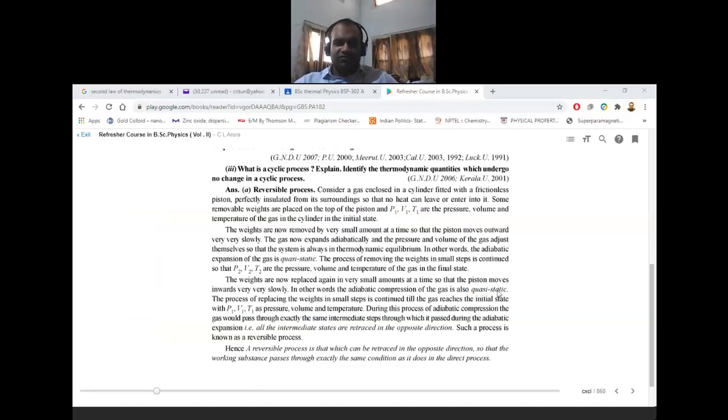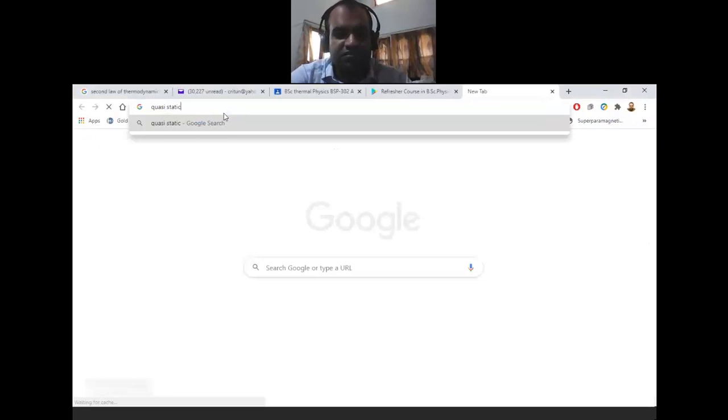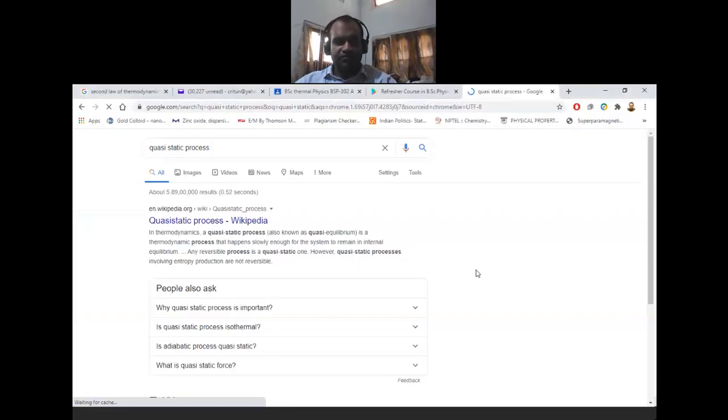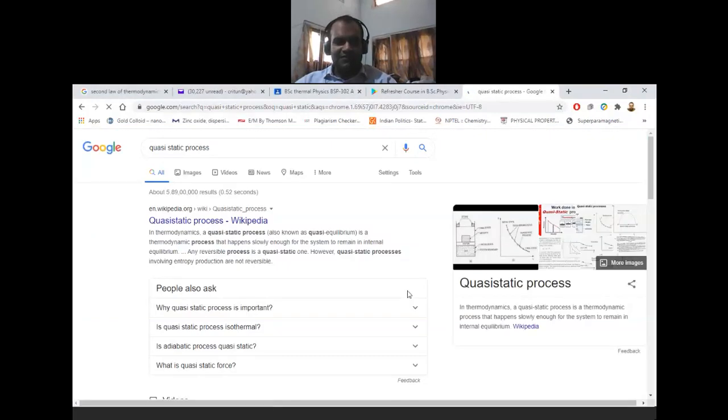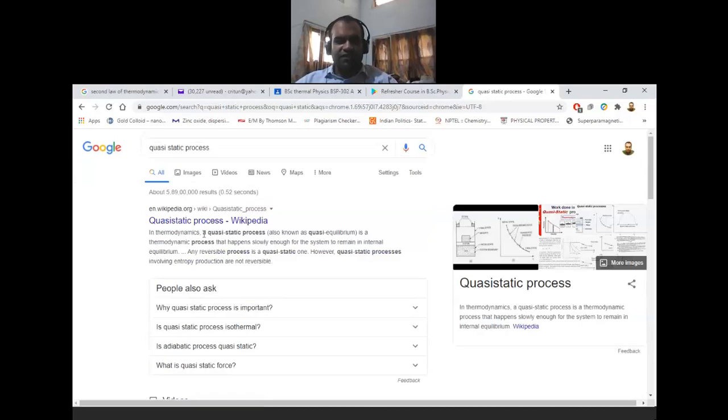Or maybe quickly we can see the meaning of the word quasi-static. From Wikipedia, the definition: a quasi-static process is a thermodynamic process that happens slowly enough for the system to remain in internal equilibrium.